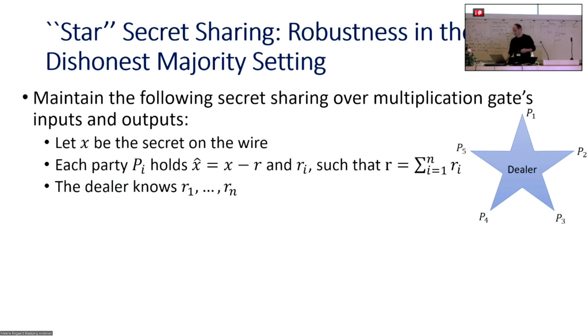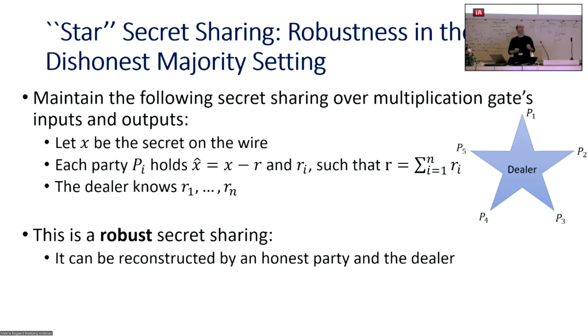This is used everywhere, and this gives us the robustness that we need, because now each secret can be reconstructed by each party and the dealer.